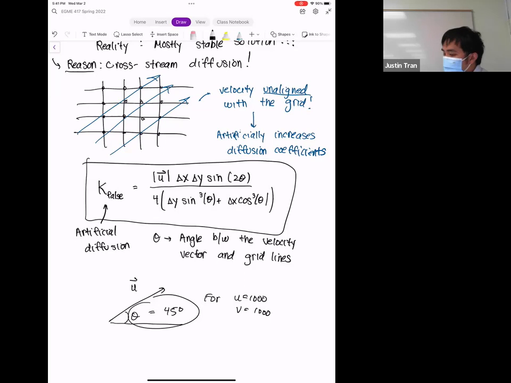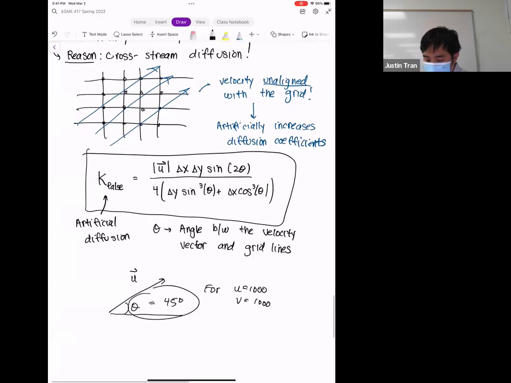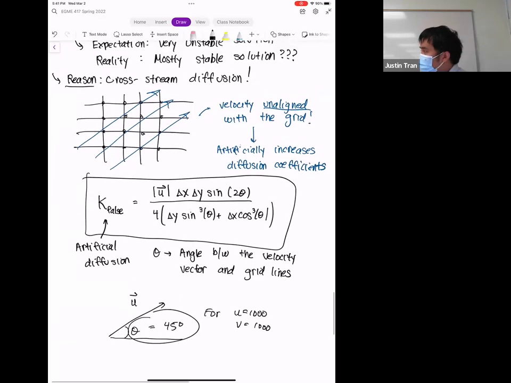And so basically the more misaligned your velocity is with the grid, the more this artificial diffusion kicks in. And so this was the reason why we got a stable solution when we cranked up both the x and y velocities to 1,000, because it made this artificial diffusion really, really large.